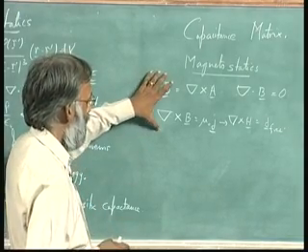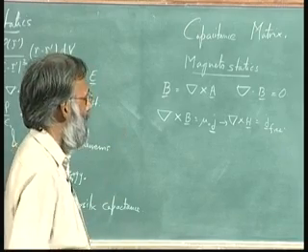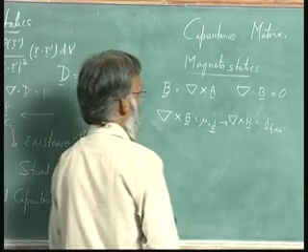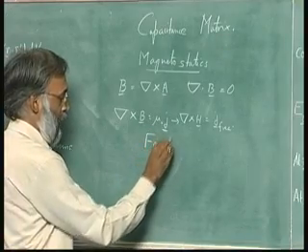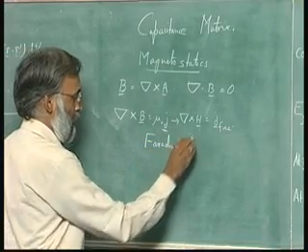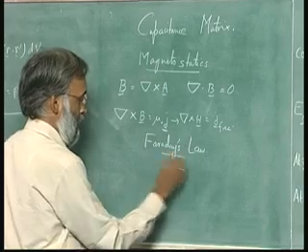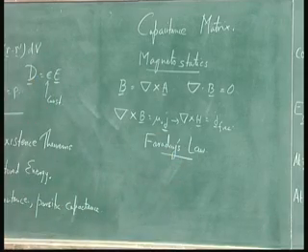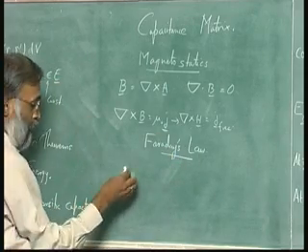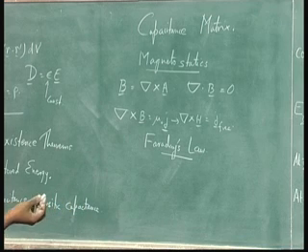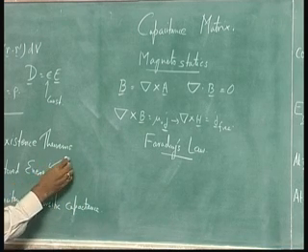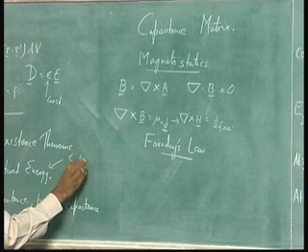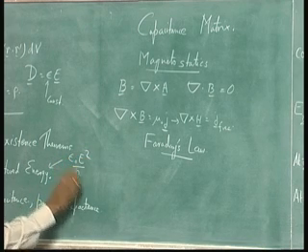We were not able to talk about magnetic stored energy till we introduced time dependence. So we introduced Faraday's law, and when we introduced Faraday's law, we were able to talk about stored energy in the magnetic field. Stored energy in the electric field we showed was epsilon naught E squared over 2.